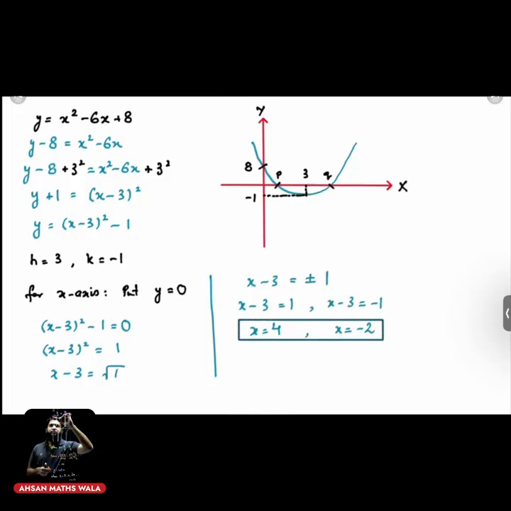Is that clear to you guys? So the negative value is on the graph. It should be +2, sorry. So the smaller value, by looking at the graph, will be p and the greater value is q.